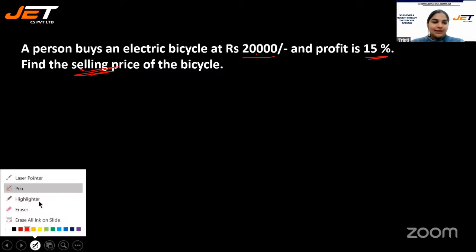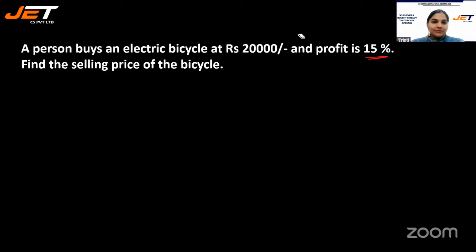Okay, so let's see. Yeah. So here, buys an electric bicycle, that's what we can say is the cost price. Profit is 15%. This is not the profit, but the profit percent.